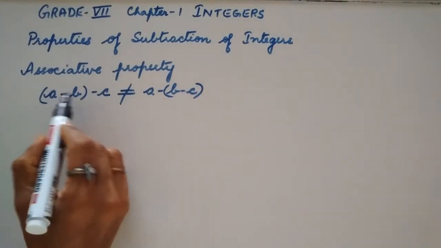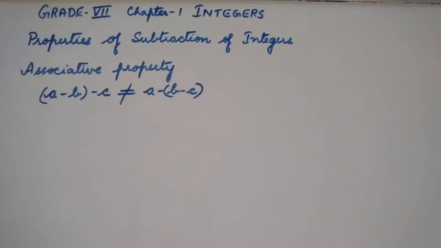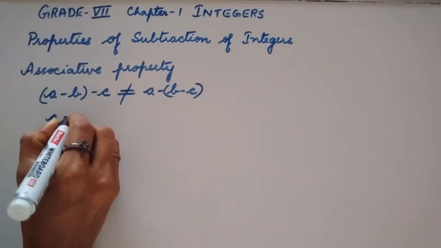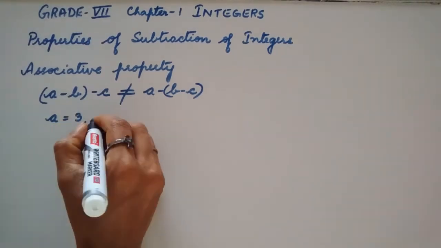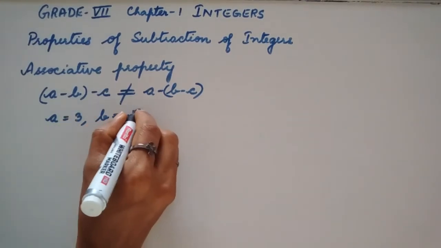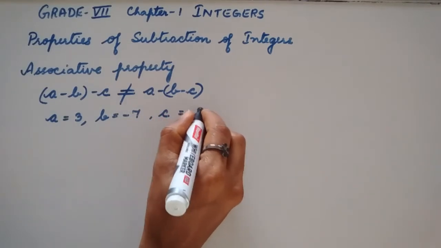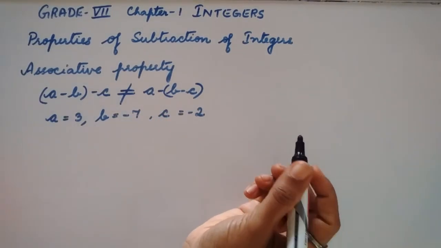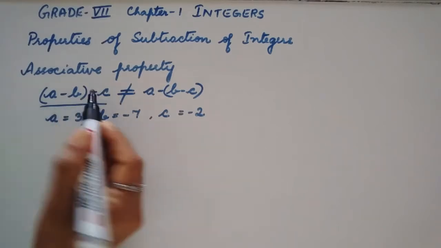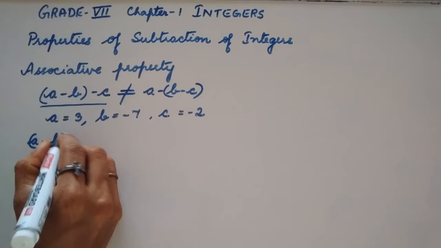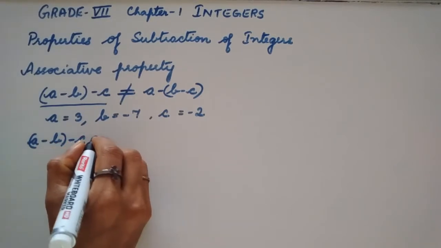And we know that a, b and c are integers. Now for example, let a be equal to 3, b be equal to minus 7 and c be equal to minus 2. First let us check with (a minus b) minus c.